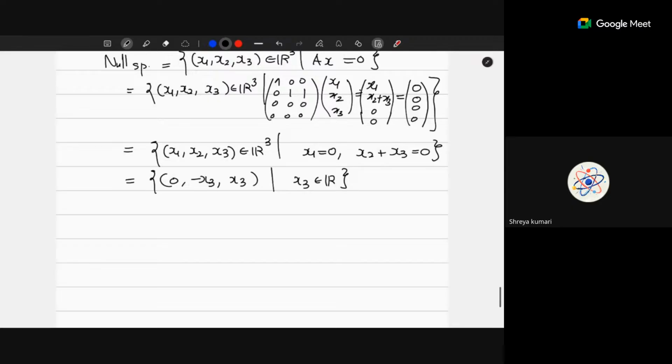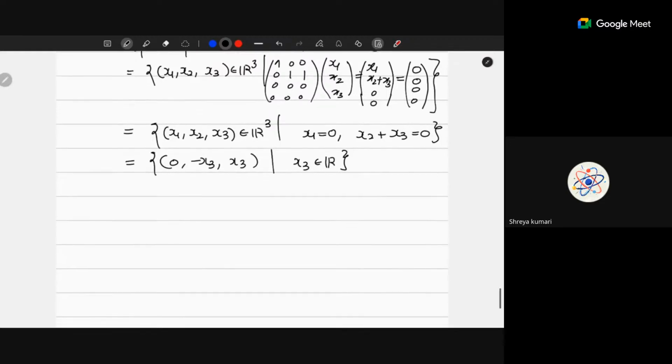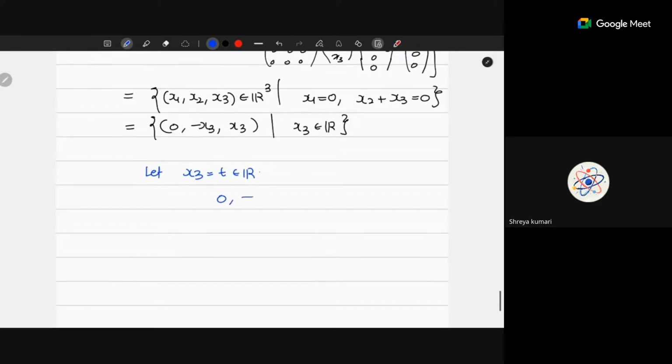Is that clear till this point? Yes, sir. I haven't done anything fancy over here. Right. Now you can take x3 to be t in R, so you get 0, minus t, t.